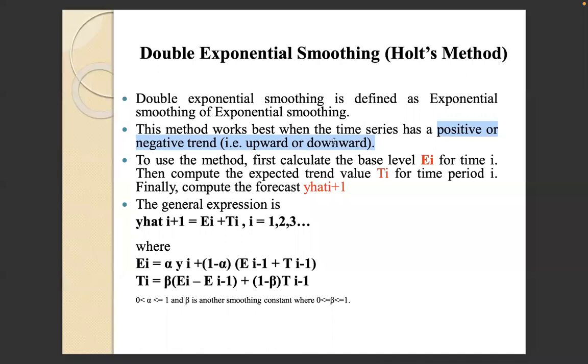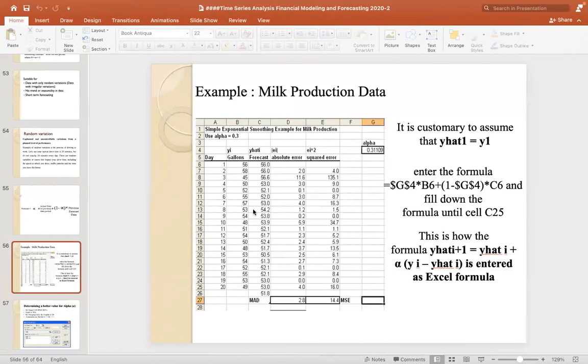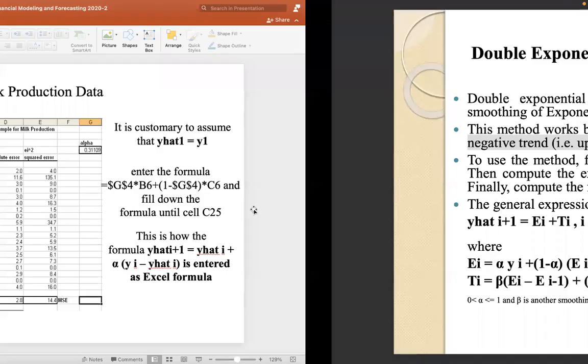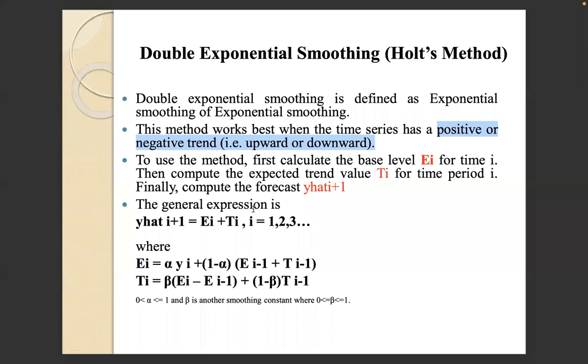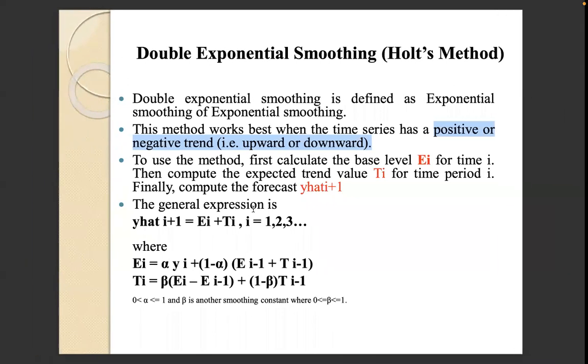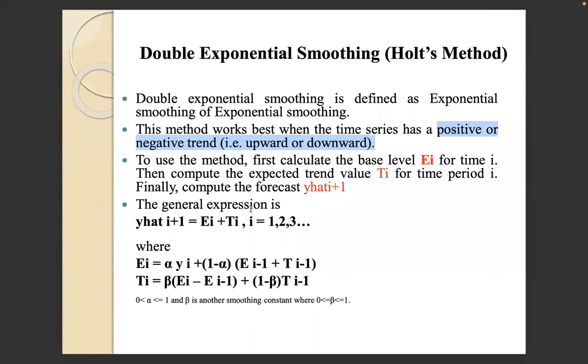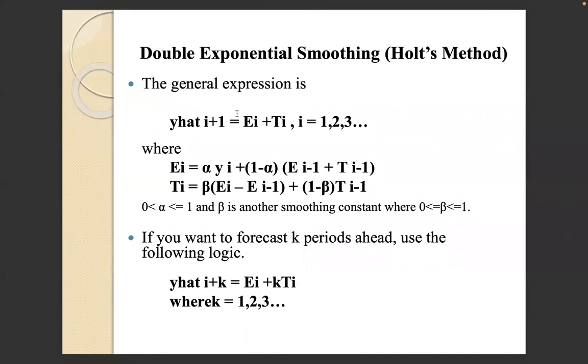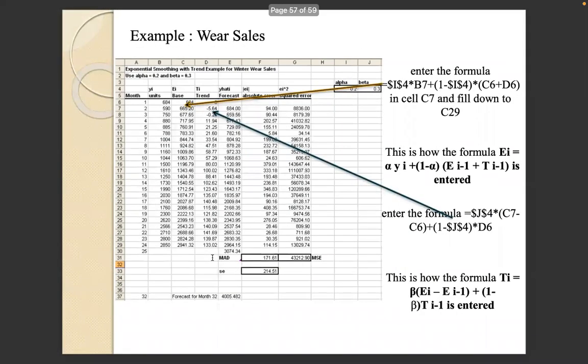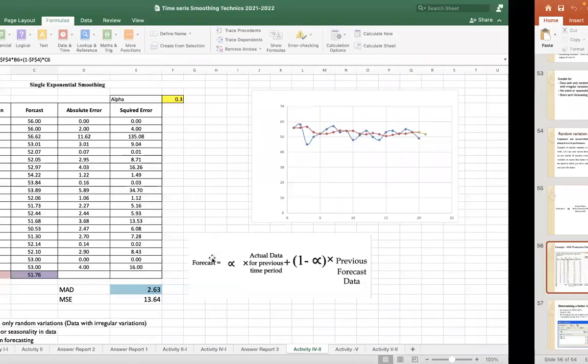With the time constraint, I will directly move to the example. Here we use alpha and beta both. Earlier we used only alpha in single exponential smoothing. While we use it, you will be able to understand it. Here are the general explanations. You might be confused with these formulas, so let me practice it.